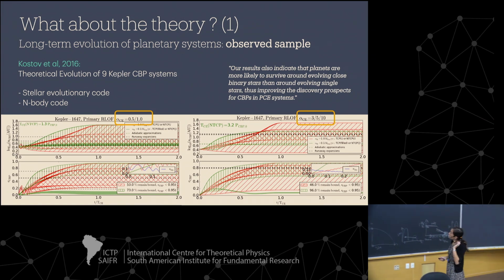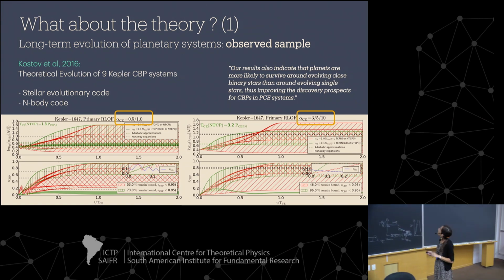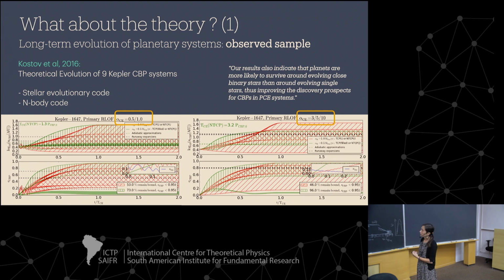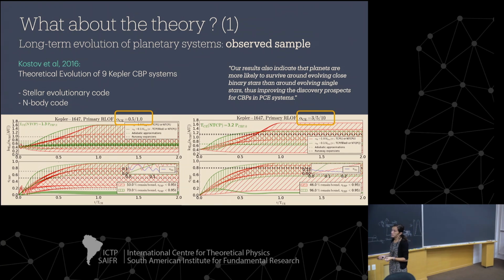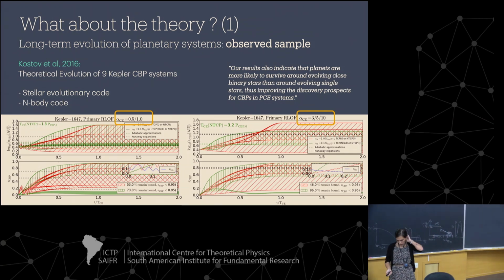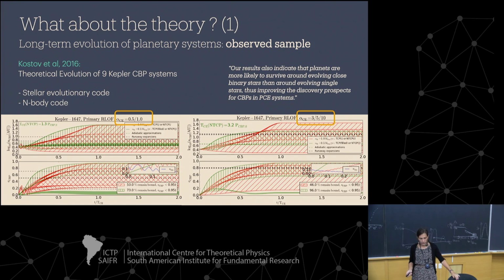So he used a stellar evolution code and an N-body code, and found that in some scenarios planets were ejected, some were destroyed, and in one specific case there was a planet that survived the two common envelope phases of the system. So he was the first to prove that planets are more likely to survive around binary stars than around a single star.